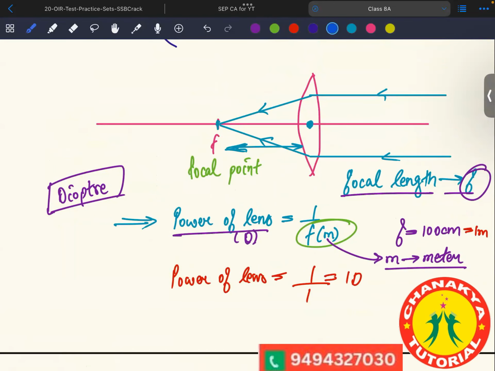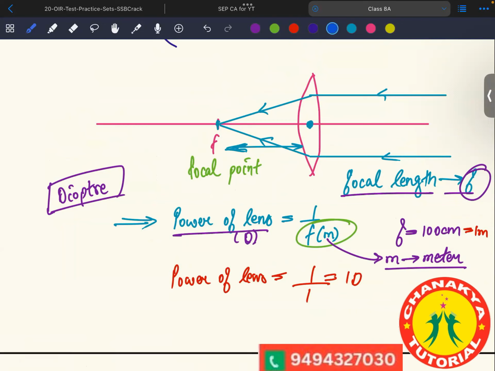You must have seen that students among you are wearing lenses, the glasses. You must have heard or known that these glasses have some value, like 0.25. That is the power. Can you tell me what power you are wearing, Ashwath?